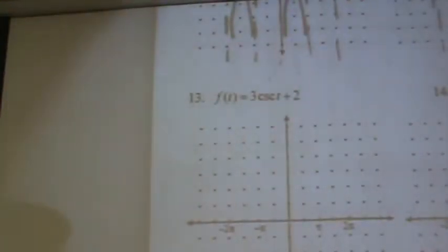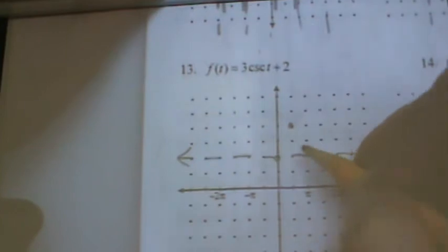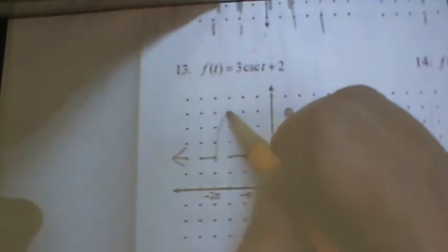Number 13. Start where? 2, graph what? The what curve, sine or cosine? It's on, above, oops, 3 is the amplitude. Are your asymptotes? That's it, right?